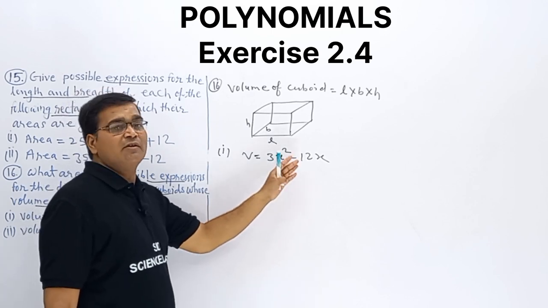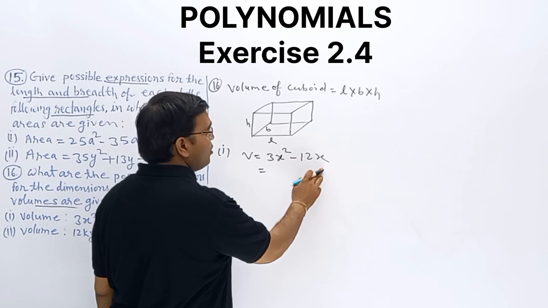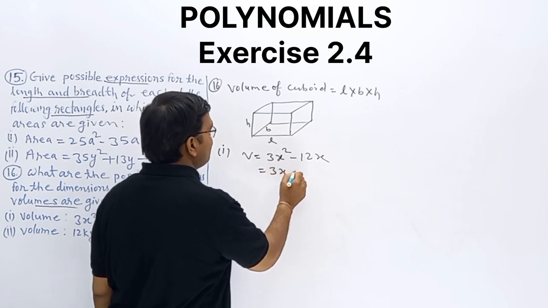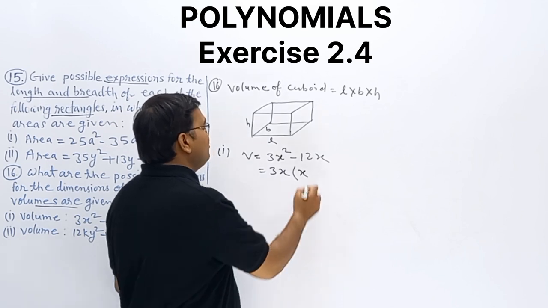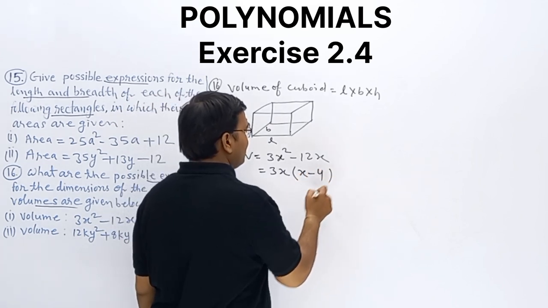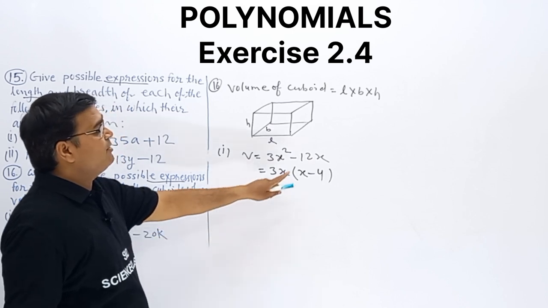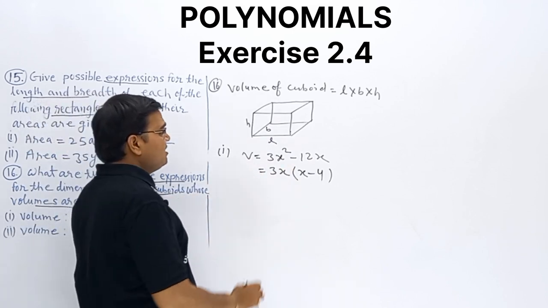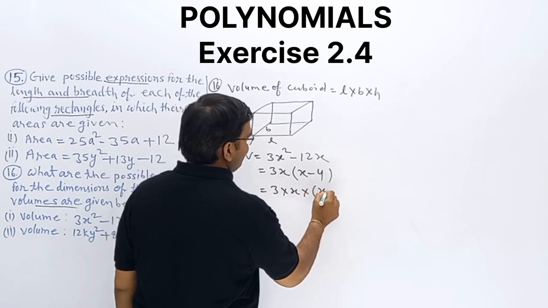We take 3x common. Divide this by 3x, then what is remaining? x. And in this one, 12 divided by 3 will be 4, and x by x will be cancelled. Now it is 3 into x minus 4.